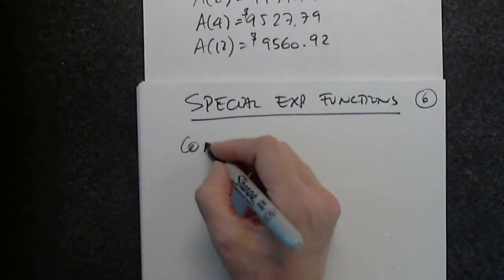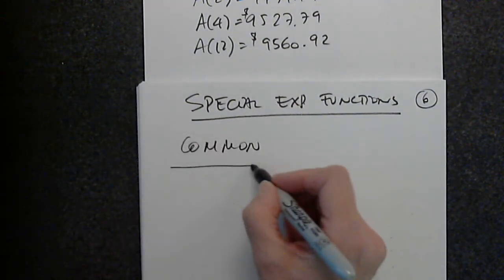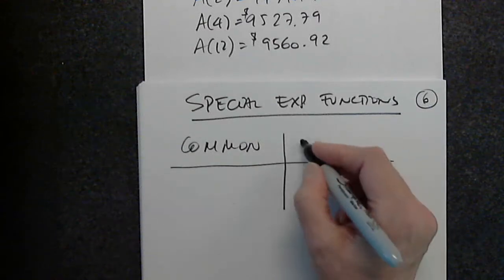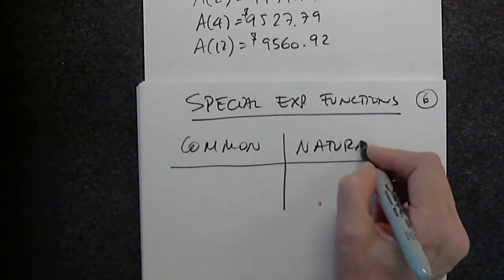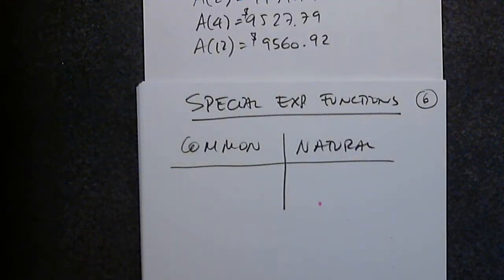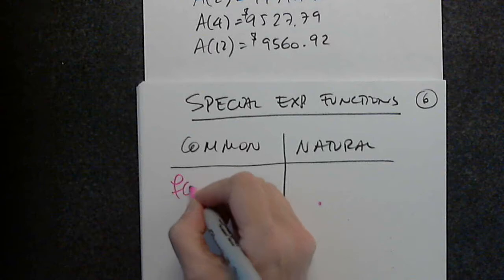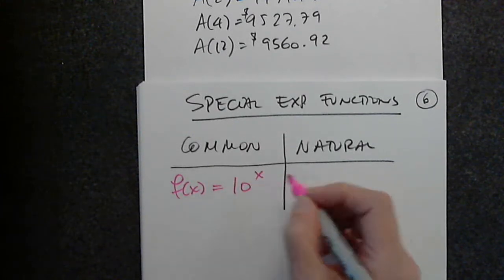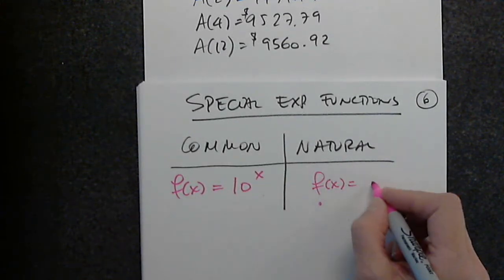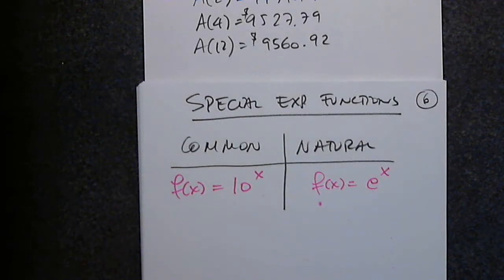One is called common, and the other one is called natural. They both have base that is greater than 1. So here is the common, and here is the natural. So the common has base 10, and the natural has base e.